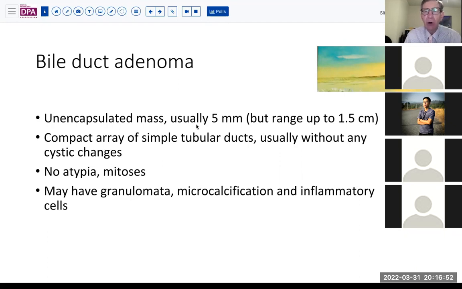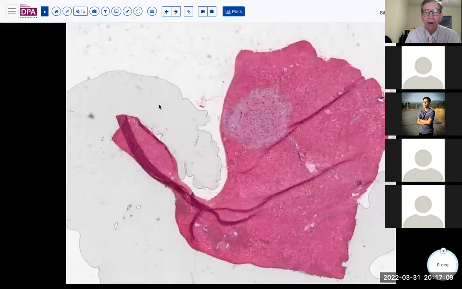And the reason to know about these is that they get biopsied. They get resected in cases where patients are being evaluated for resectable cancers. And so I think my first case here to show you is just such a resection.